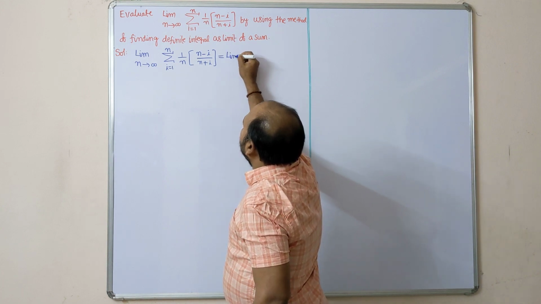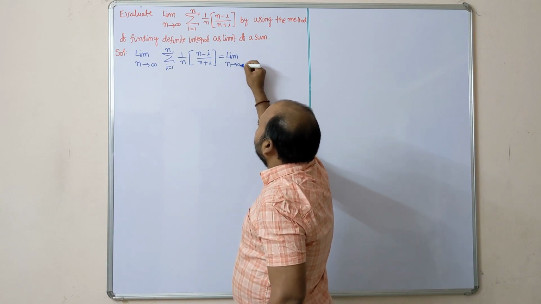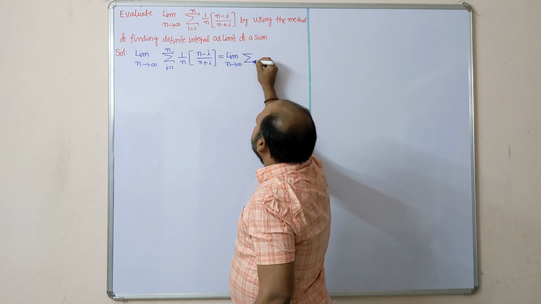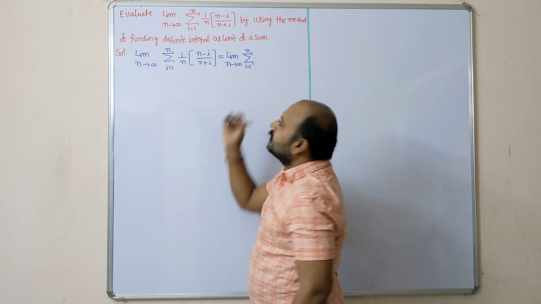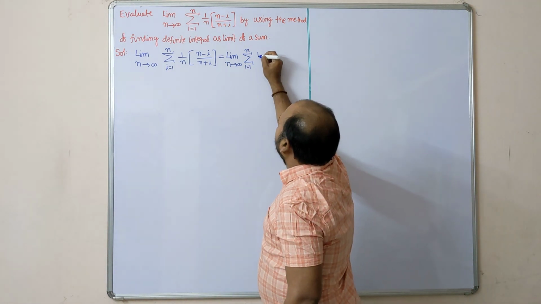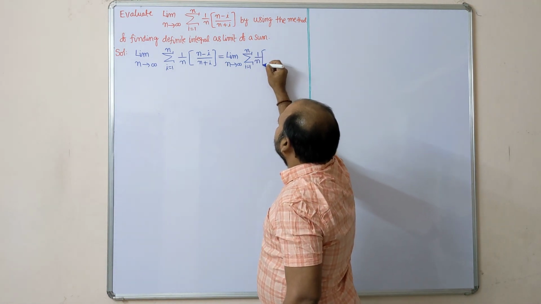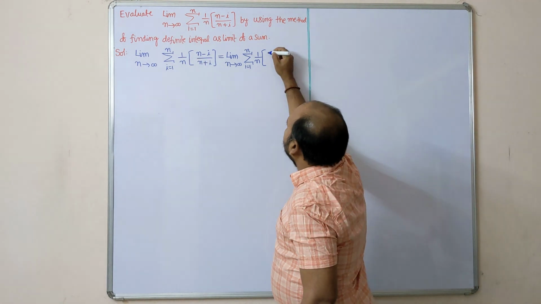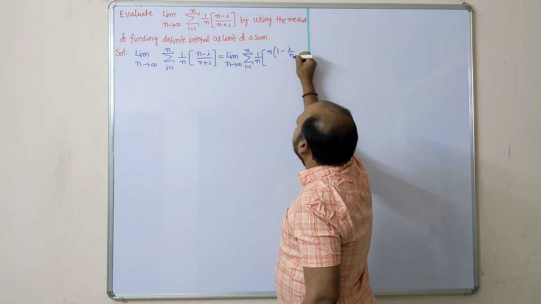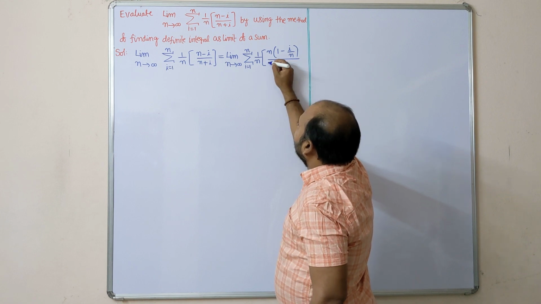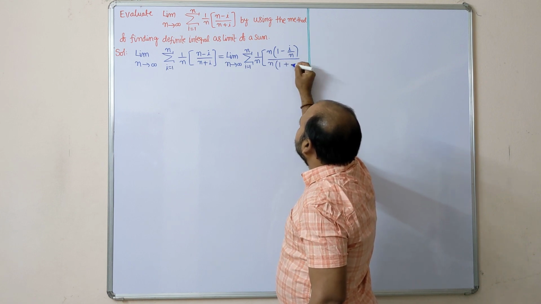limit n tends to infinity, observe carefully, sigma i is equal to 1 to n, 1 by n, n take out common, n into (1 minus i by n) by n into (1 plus i by n).